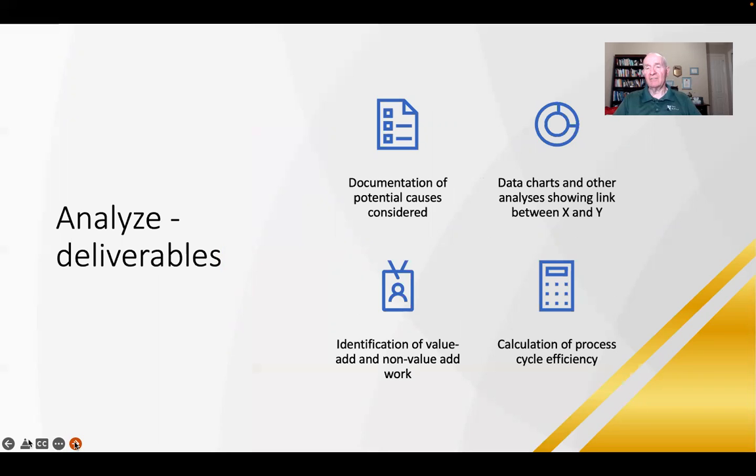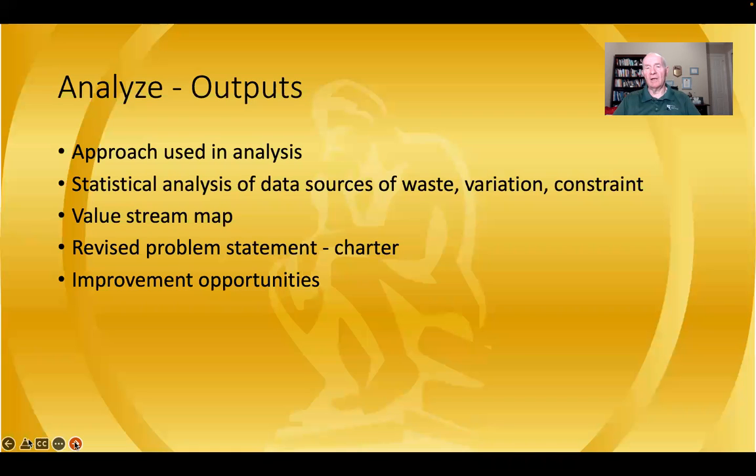And identifying the value add and non-value add work so that we can now take a very serious look at coming up with an efficient cycle, an efficient process. So we've identified where we have our gaps, where we have our problem areas, and now we can move forward to what? Coming up with improvement opportunities that we would want to move forward with.